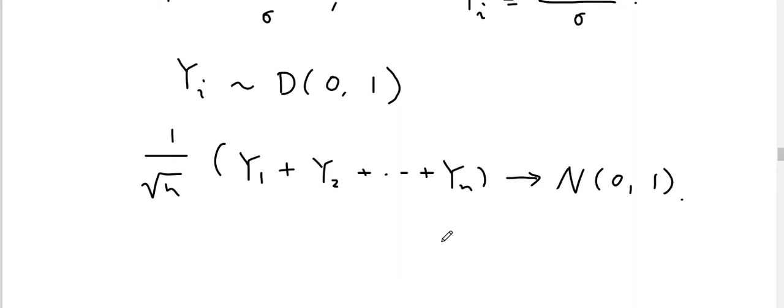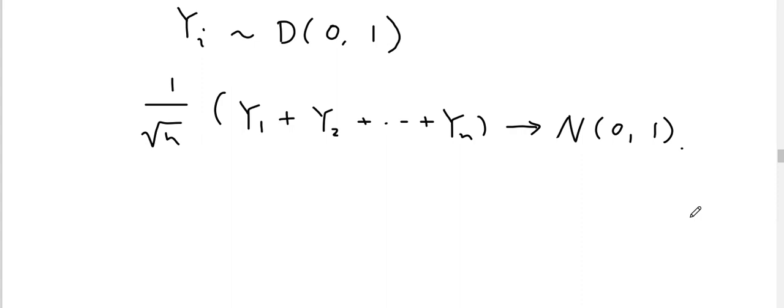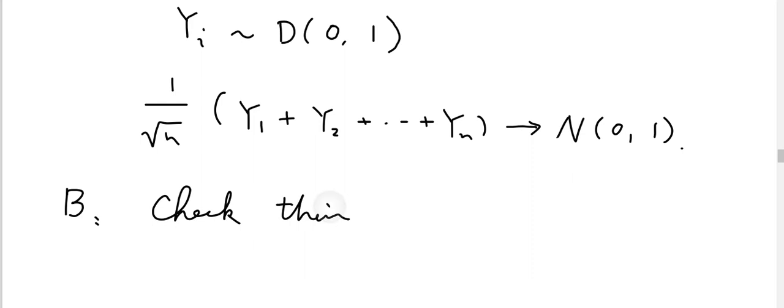So how can we prove that this random variable and a standard normal variable are the same? We need to check their moment generating functions, MGF.